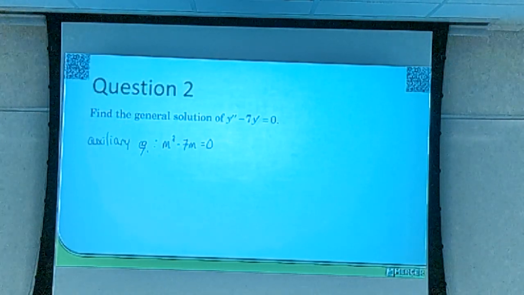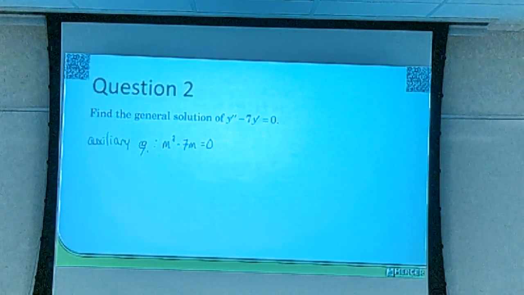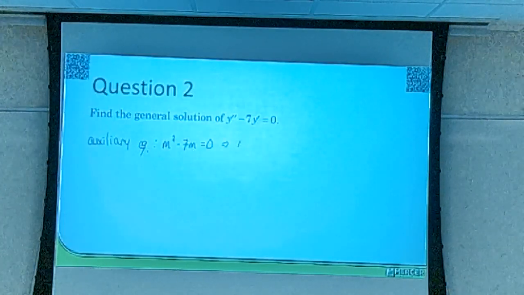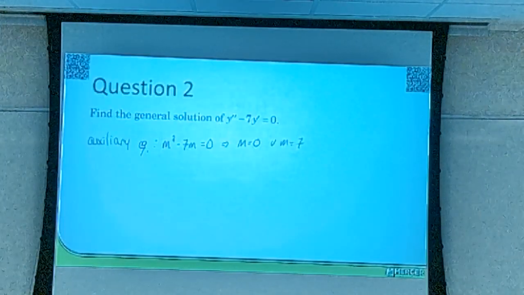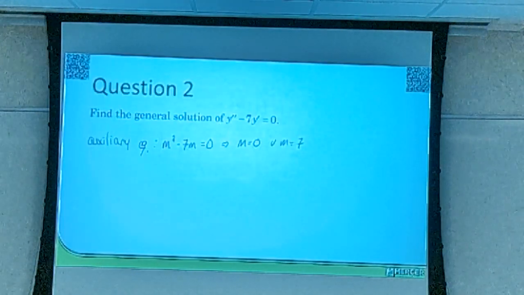That's easy to solve, right? You should easily be able to see what the solution is. You get either 0 or 7.